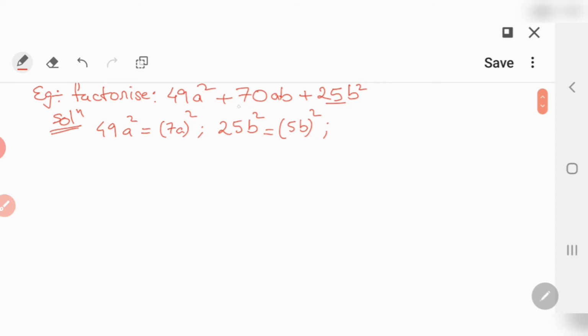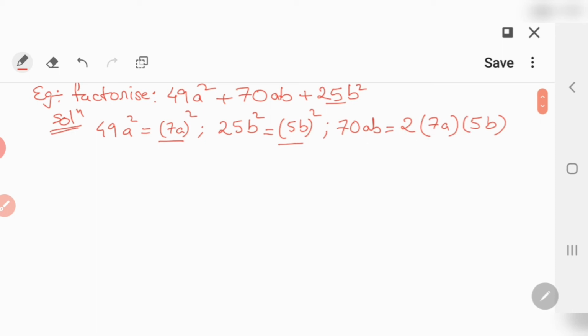Then 70ab can be written in this way. 70ab means twice a into b. So here what is a? 7a will be a, into what is b? 5b will be b. So you can write here 5b. So when you multiply, 2 5s are 10, 10 7s are 70, 70ab you will get.